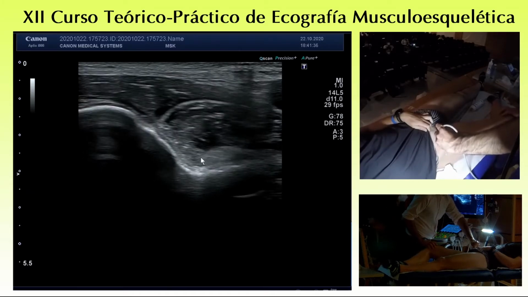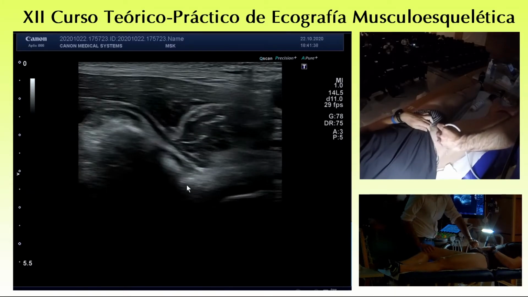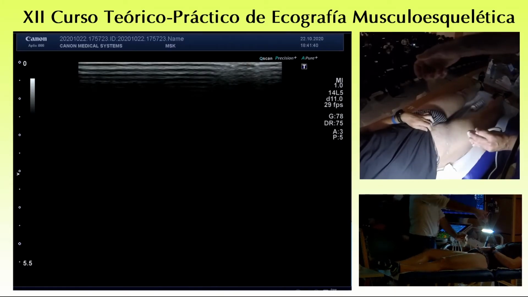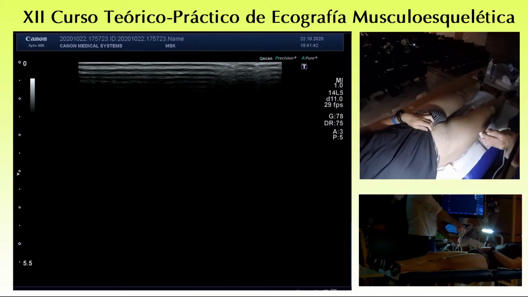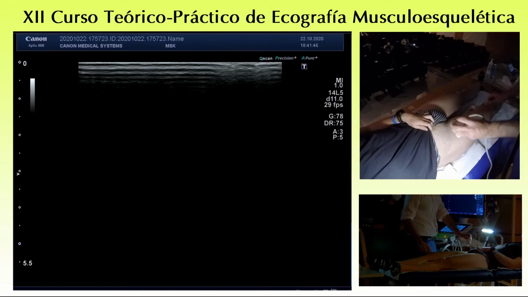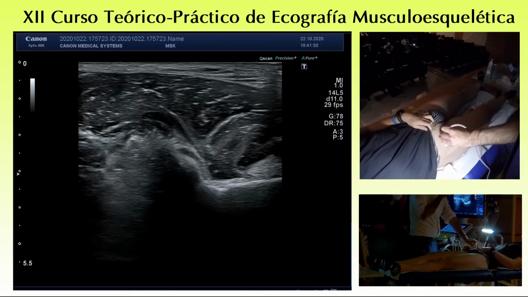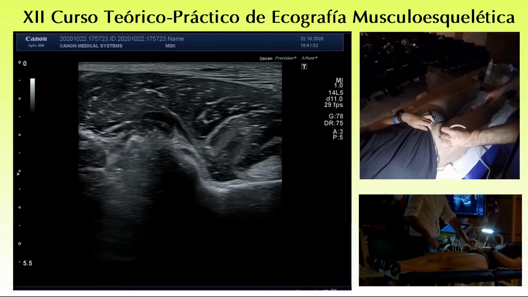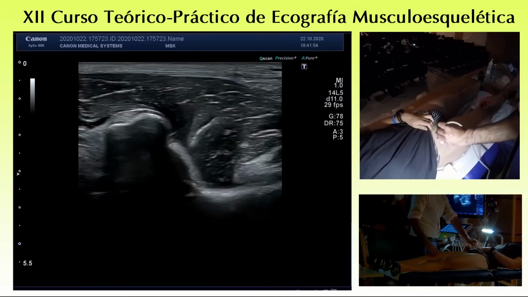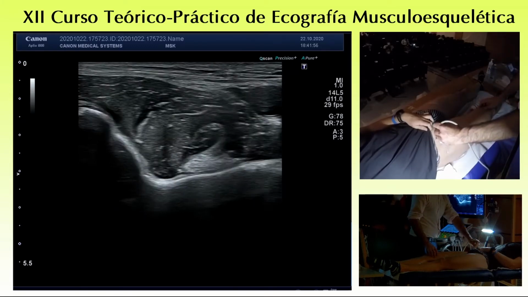You see, this is the maneuver: abduction, external rotation, and then slowly relocate. Always pay attention to tilt the probe during the entire arc of the movement. If not, you miss the tendon. Okay.